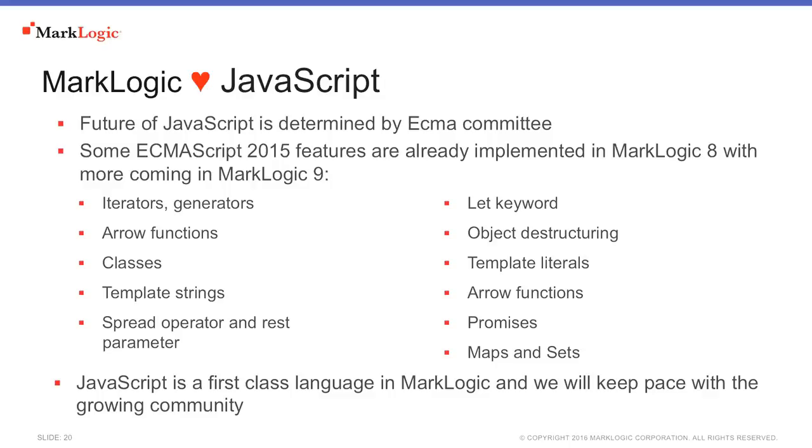So it's got full hash maps and sets. I love that. And promises built into the language. This was this asynchronous pattern I spoke about in the Node world. That's just first class. You don't have to bring in some extra library to get that. So these are all the features that are actually supported by MarkLogic.